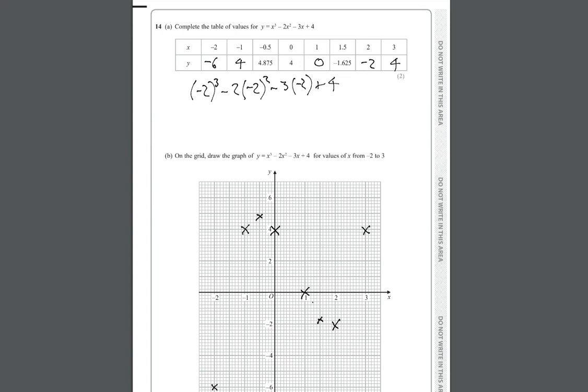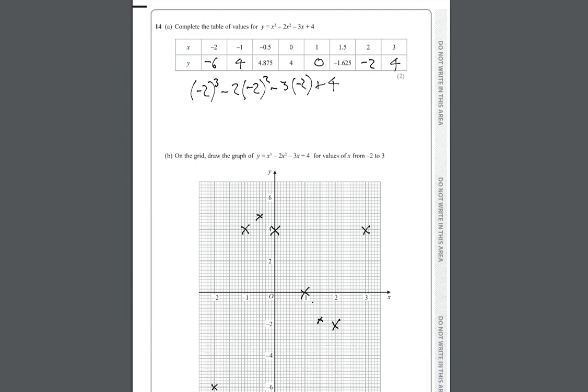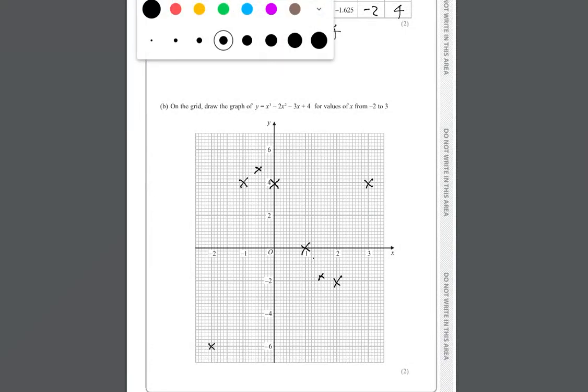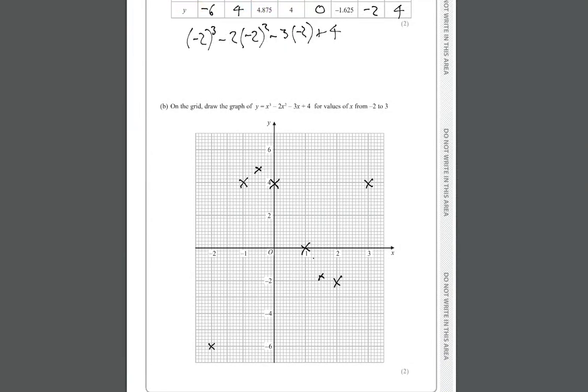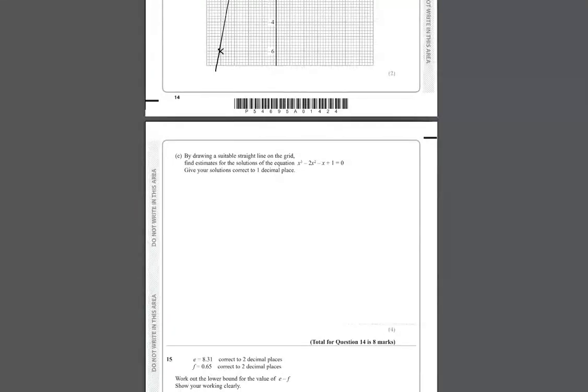Cubic-like tends to have 2 bends, so I think I can now draw a smooth curve through that. There we go. It goes through all the points and draws a smooth curve. So there we go. That is our curve.